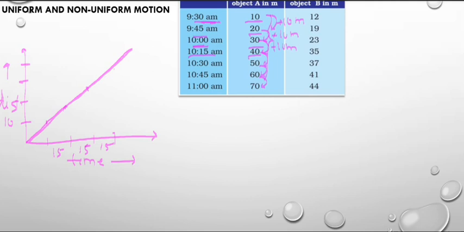What is uniform motion? If an object travels equal distance in equal intervals of time, then the motion is said to be uniform motion.